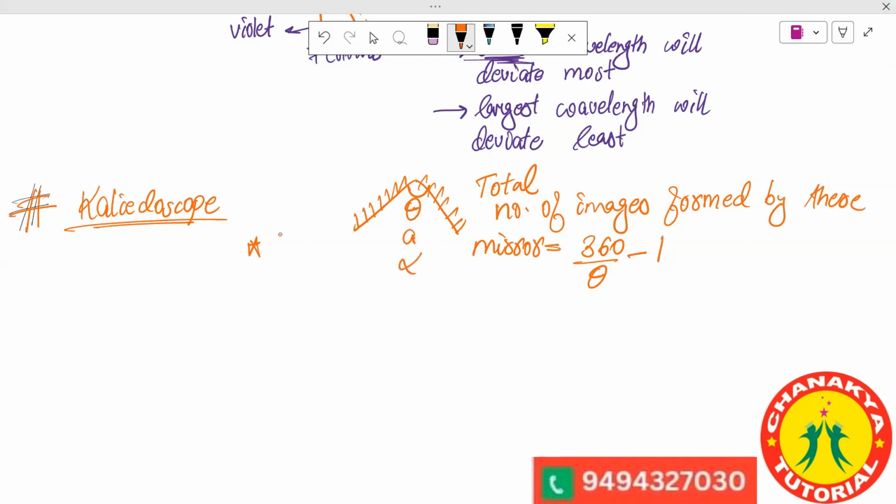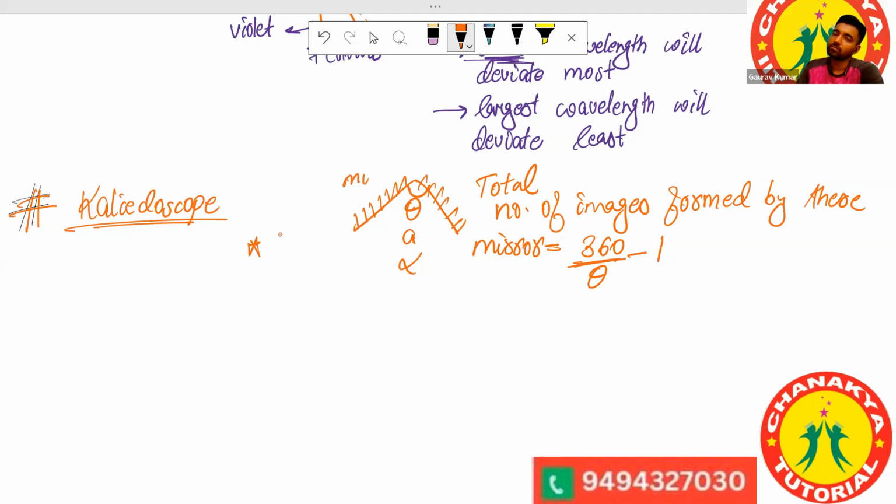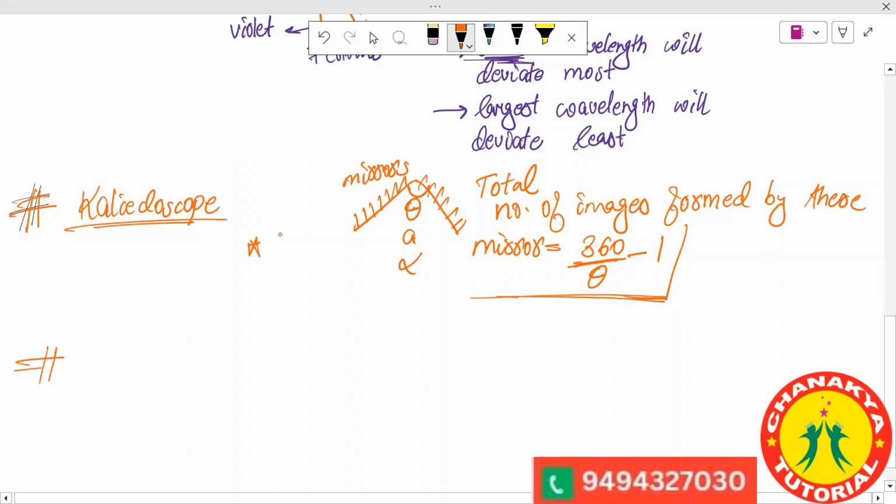It does not depend. Theta means the angle between two lines or two vectors, and here, between two mirrors, that is, at what angle these mirrors are inclined to each other. So this is the formula for the total number of images, right? Yes, sir. This is as far as we talked about kaleidoscope.